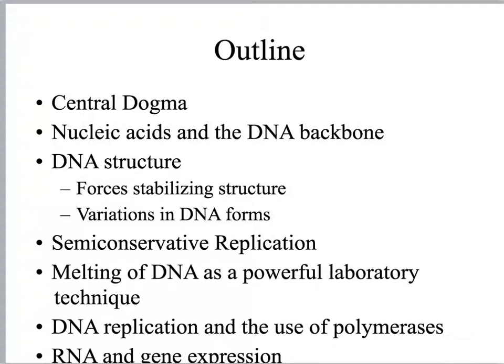We'll talk about the semi-conservative replication model and the experiments that led to this, melting of DNA and how that's a useful tool in the laboratory, DNA replication and how polymerases are involved in that replication process. We'll talk about RNA and gene expression, and with this we're going to discuss the different types and functions of RNA and then RNA polymerase.